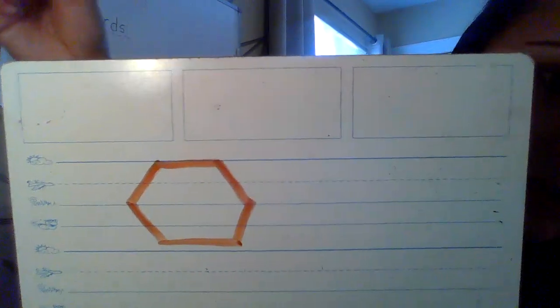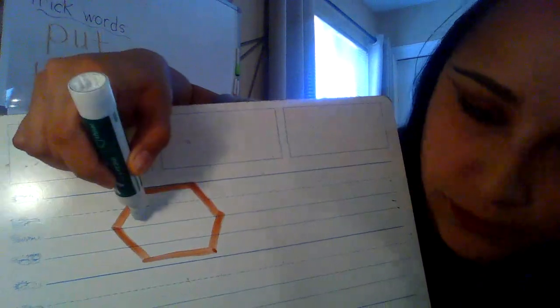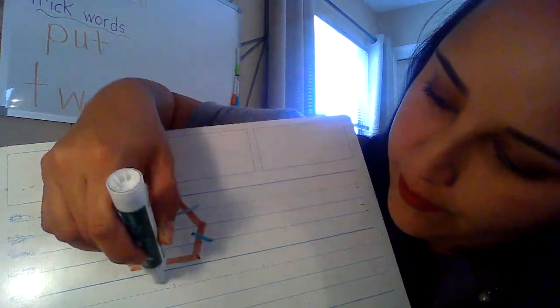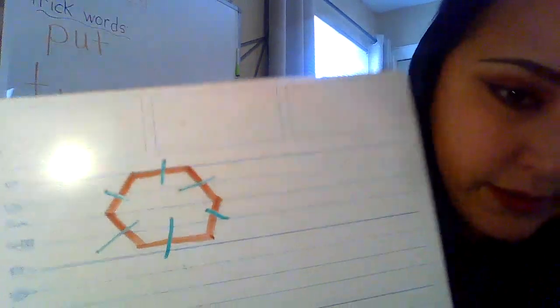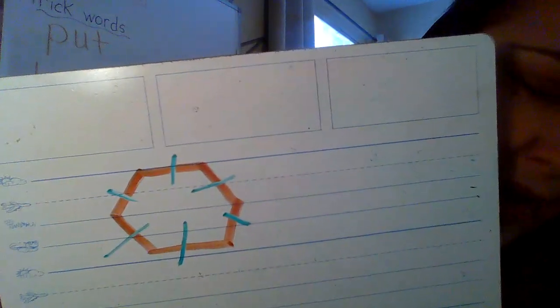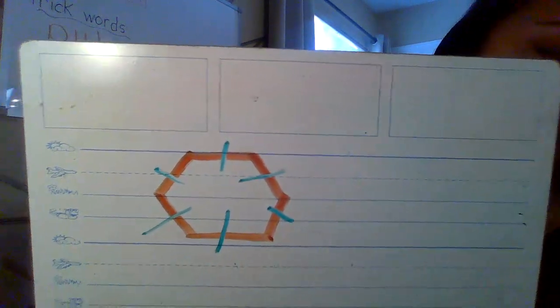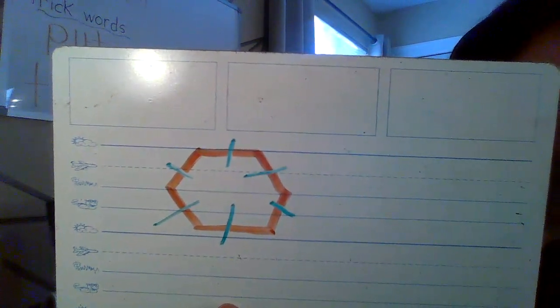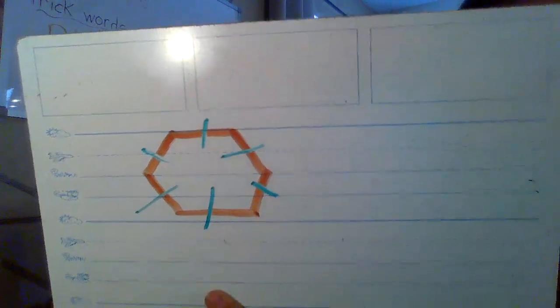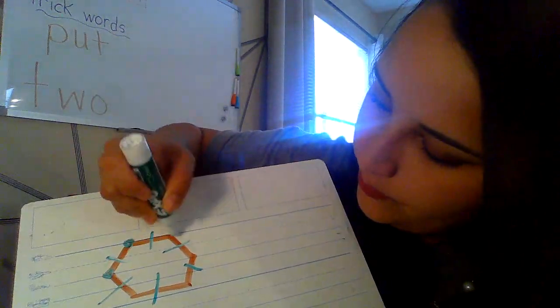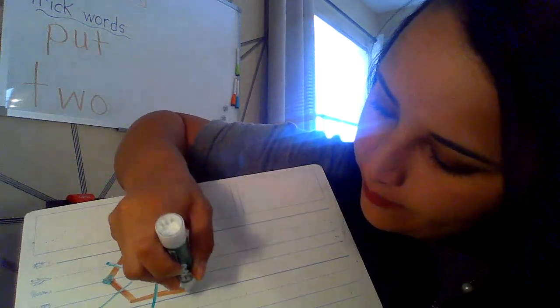And again, we're gonna count the sides. That's 1, 2, 3, 4, 5, and 6. So if it has 6 sides, that means it's probably going to have 6 corners or vertices. So 1, 2, 3, 4, 5, and 6.